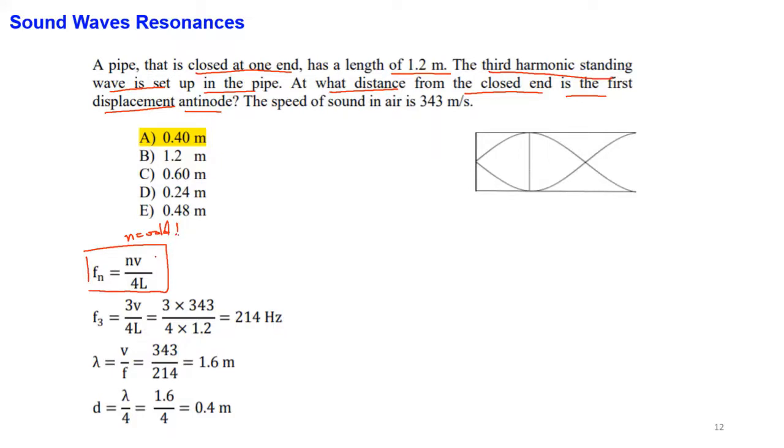Okay, great. So I gave you the length. So you know the length, you know the speed here. V is 343 meters per second, length is 1.2. So you can calculate your F3, okay? And you can calculate your lambda 3.